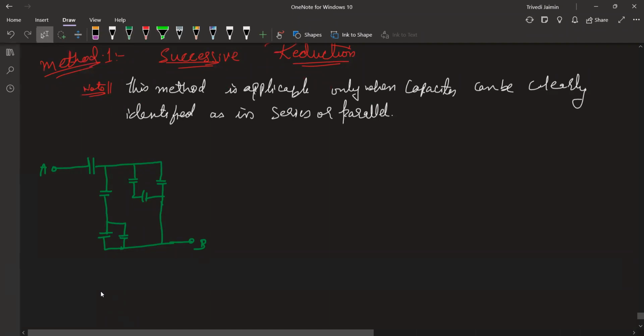That's what we are going to write here. These are all 2 microfarad. Did I miss any number? Let me check here.